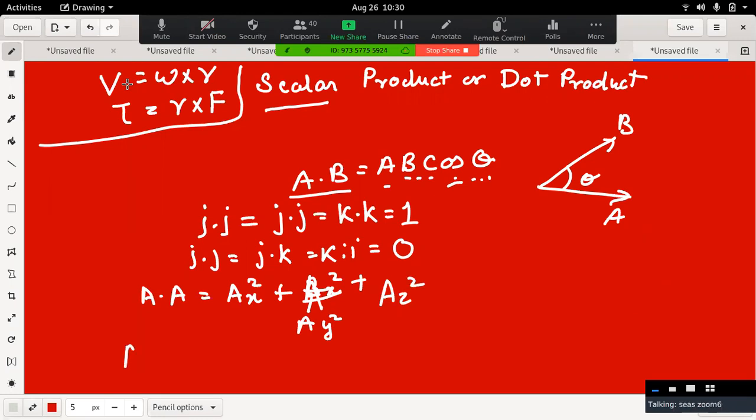And similarly, A dot B can be written as ax bx plus ay by plus az bz.